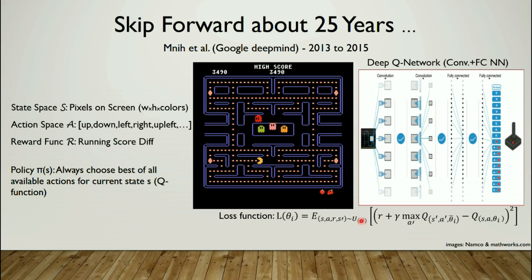I think they have a storage size of 1 million of these experience tuples. Once they reach the million, they start throwing out the old ones, and they do stochastic gradient descent, like in a normal supervised learning setting, but they sample each batch uniformly, meaning IID, so independently and identically distributed.